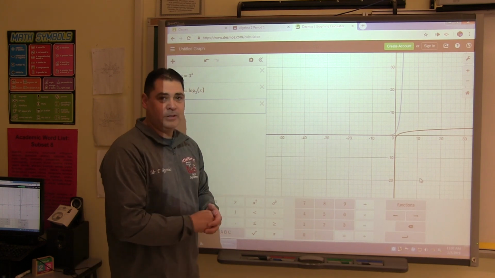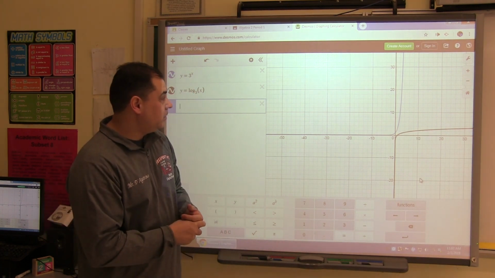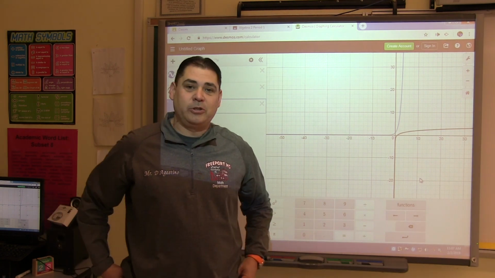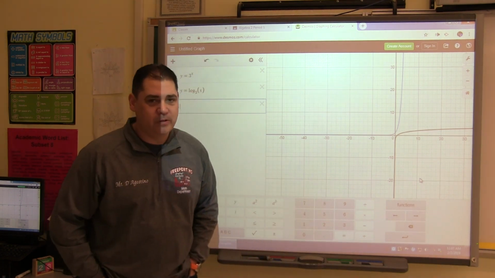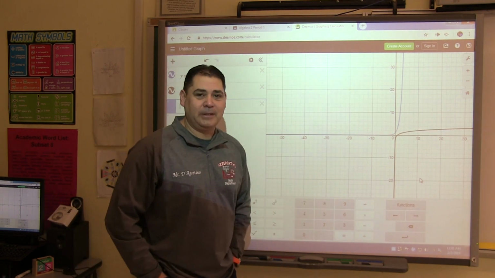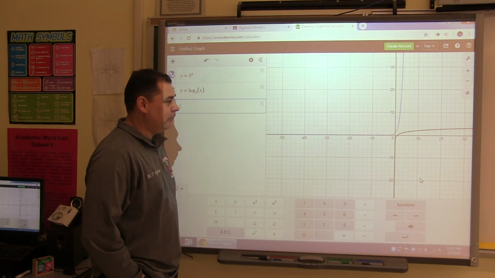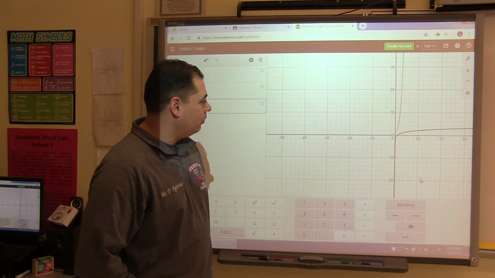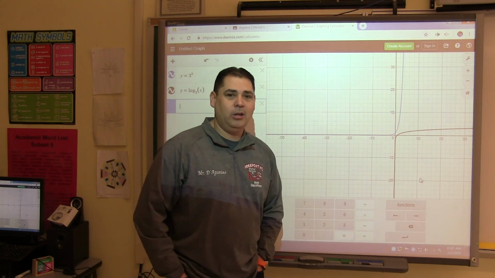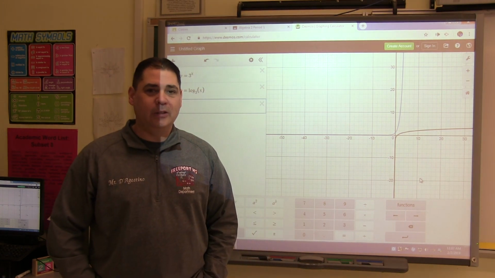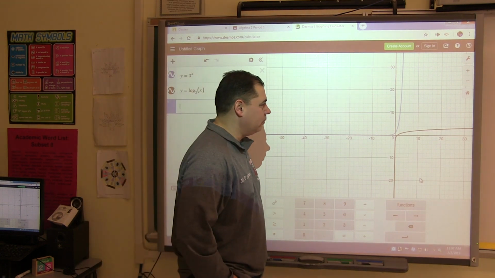So I asked the students that, and one of the students said, looks like there's some sort of reflection. I said, that is amazing. So what type of reflection do you see here? If you were to draw a line, what line could you draw to make it reflect?